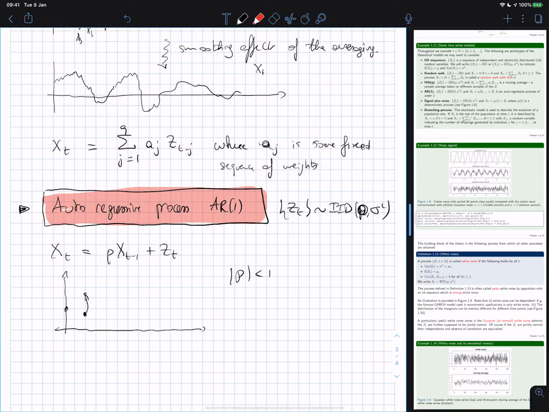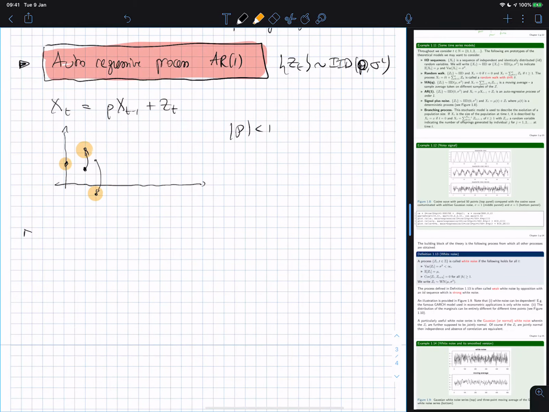And then we again take a multiple and then we add some noise. And then we go here, and so on. So X_1, X_2, X_3, and so on. That's another way of constructing a process which would now be self-referential. So it would be autoregressive. You're doing a regression. X_t is made by a regression onto the process itself.